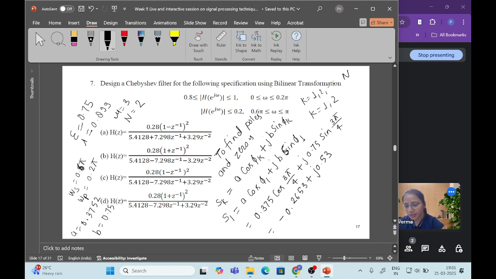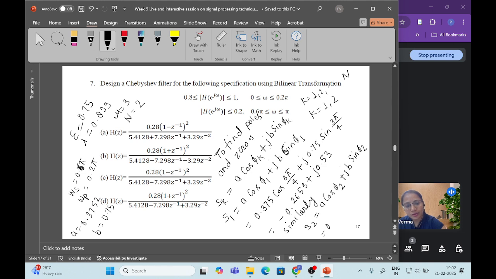Okay, similarly you can derive S2. So S2 you will get A cos phi 2 plus j B sin phi 2. Okay, so you put the values of A, B and phi 2.